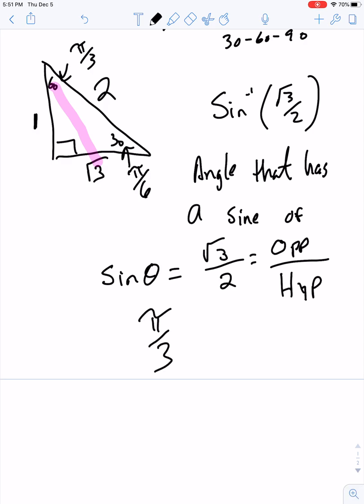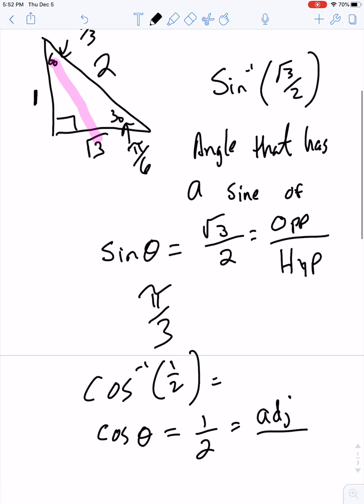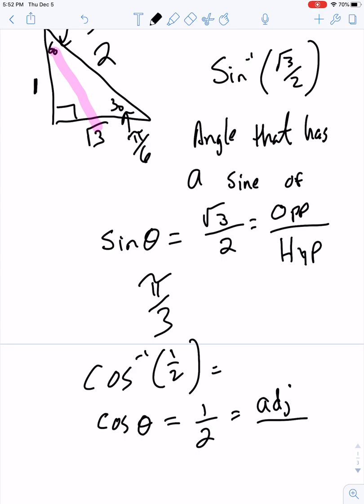Opposite over hypotenuse. Okay, so what if we were looking for the inverse cosine of 1/2? Again, that's asking for the angle that has a cosine equal to 1/2. Remember, cosine is a right triangle's ratio of its adjacent side to its hypotenuse.